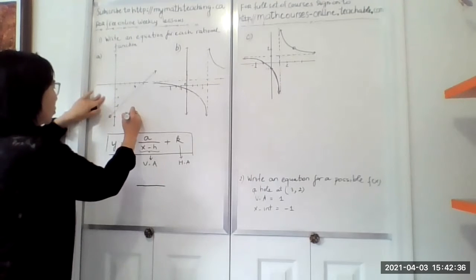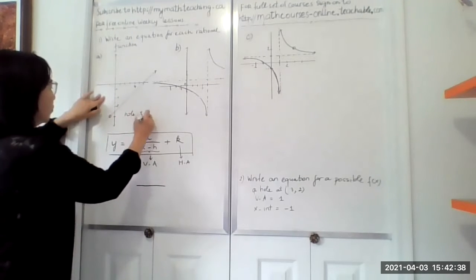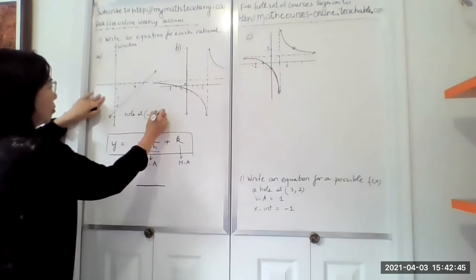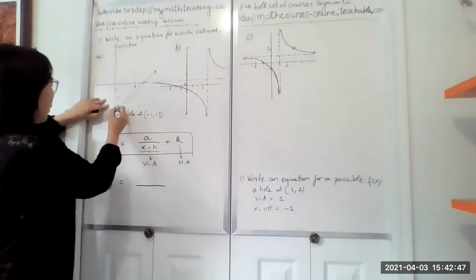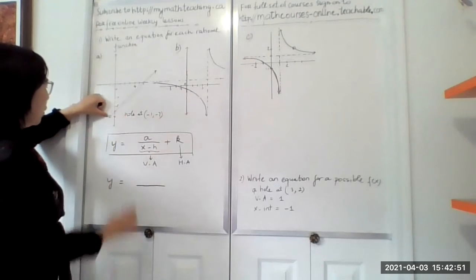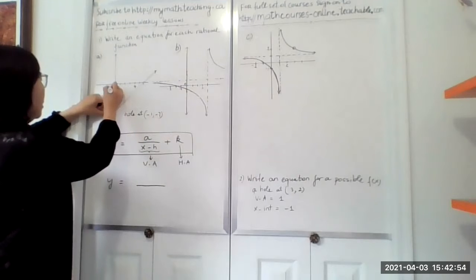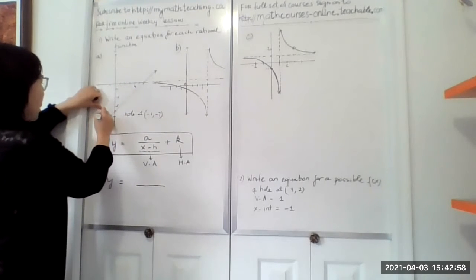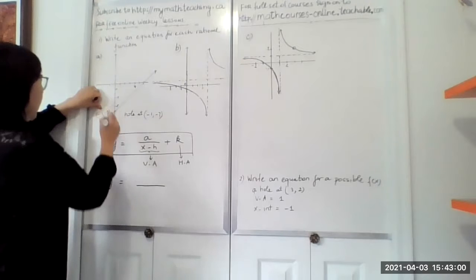We see the hole at minus 1 for x and minus 7 for y. So this is minus 5, this is minus 6, this is minus 7, and this hole occurred right here. So this is the situation we know, minus 1 and minus 7.